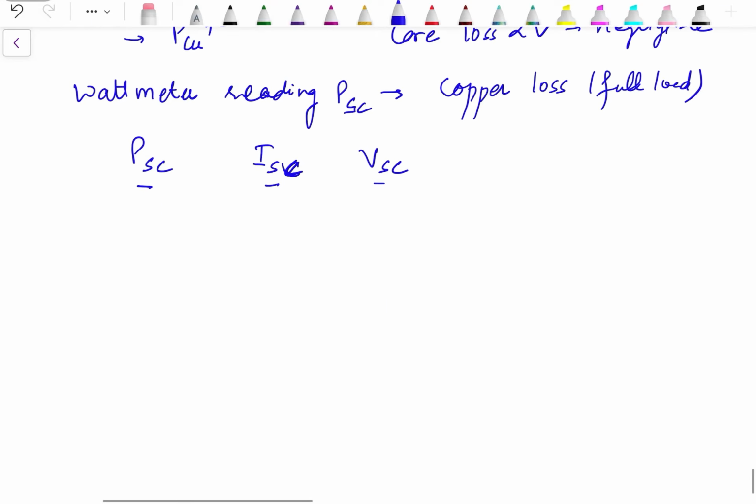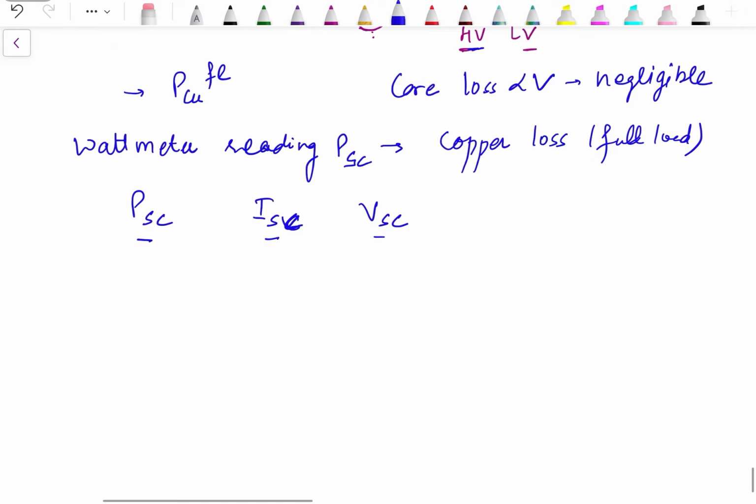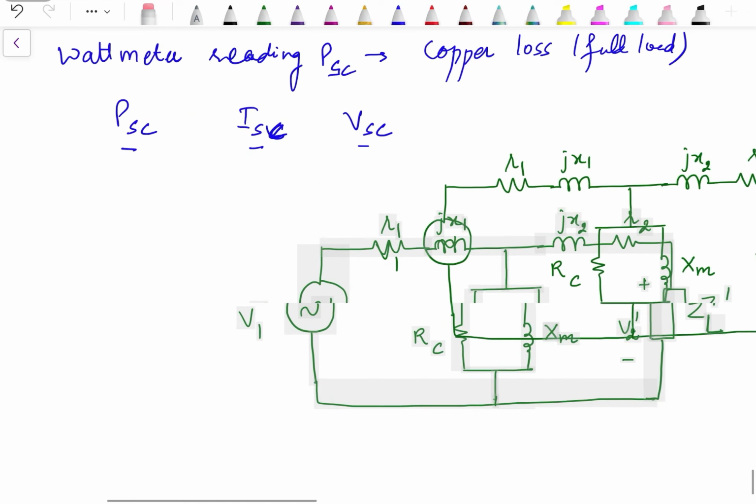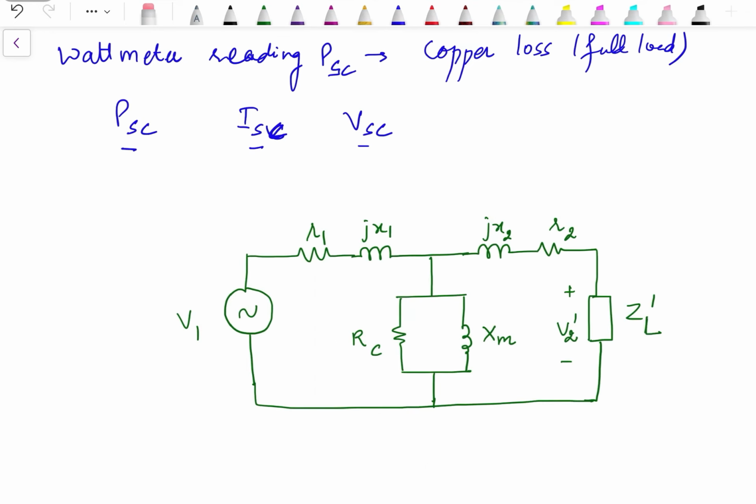Now, how the equivalent circuit looks like? If we compare to this circuit, this will be the change, that this side is now short circuited. This voltage, which is over here, V1, that is the applied voltage, it is VSC, which is much less than the rated voltage.